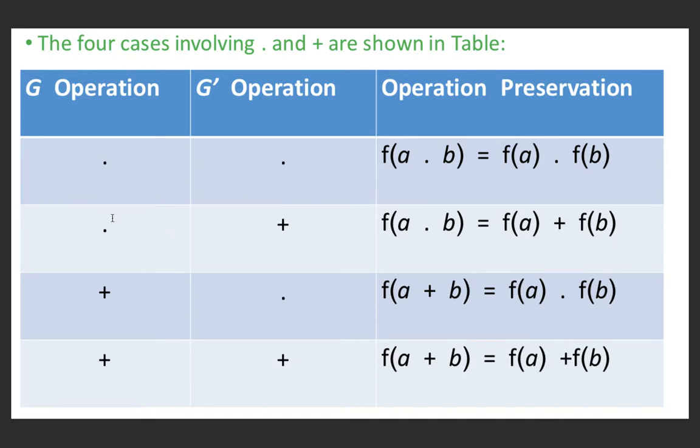If dot is the operation in G and plus is the operation in G', then f(a·b) is equal to f(a) + f(b). If the operation in G is that of addition and the operation in G' is that of multiplication, then we write f(a+b) is equal to f(a)·f(b). And if the operation is addition both in G and G', then we write f(a+b) is equal to f(a) + f(b).